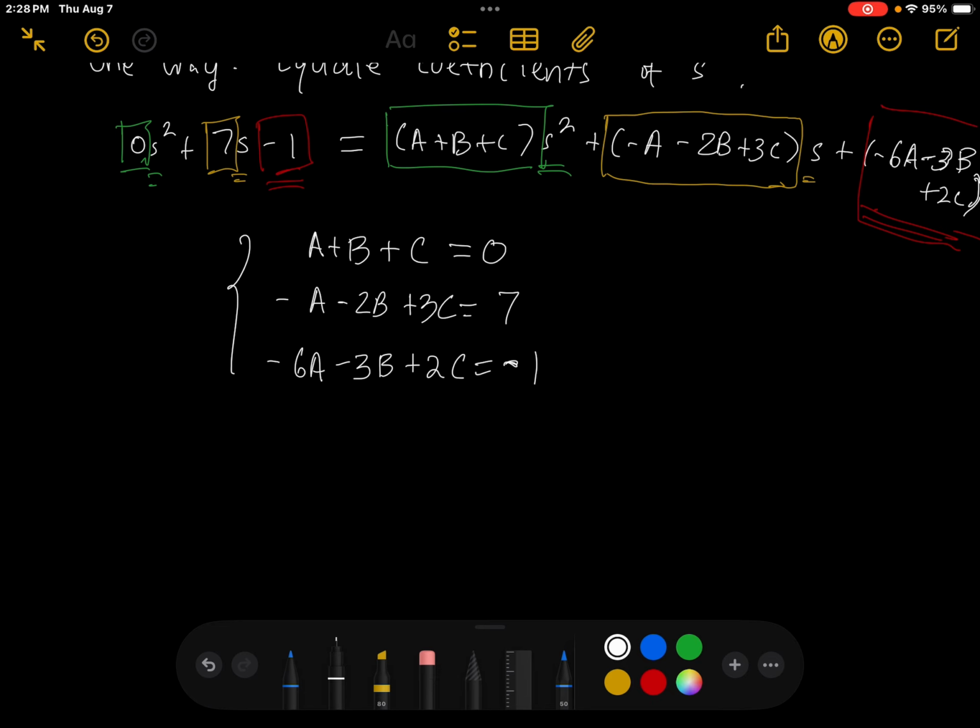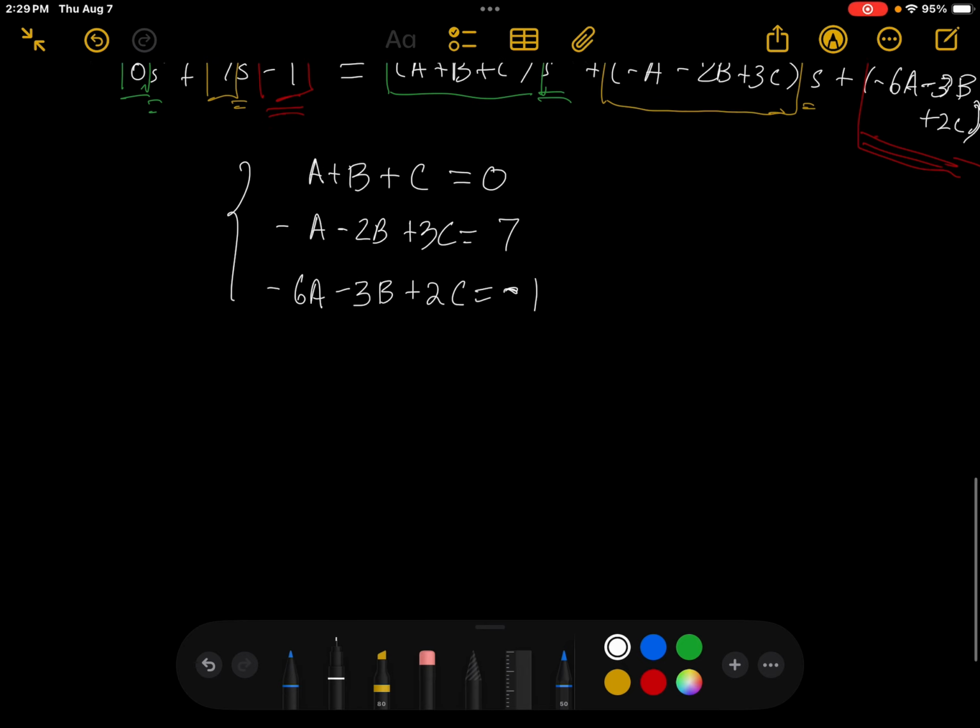Well, we use our algebra facts about how to solve a system of linear equations. And if you know how to do matrix algebra, you can even just write this as a matrix and then do some matrix algebra, or you can just solve it however you want.